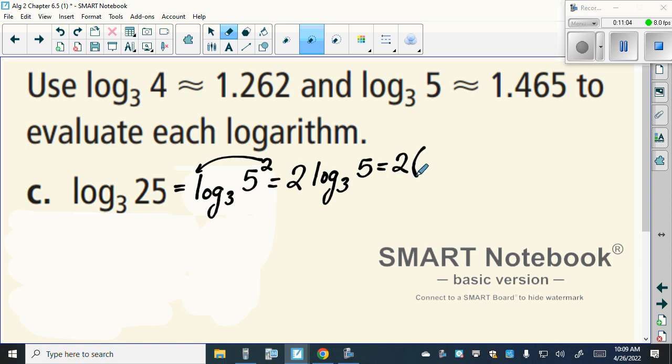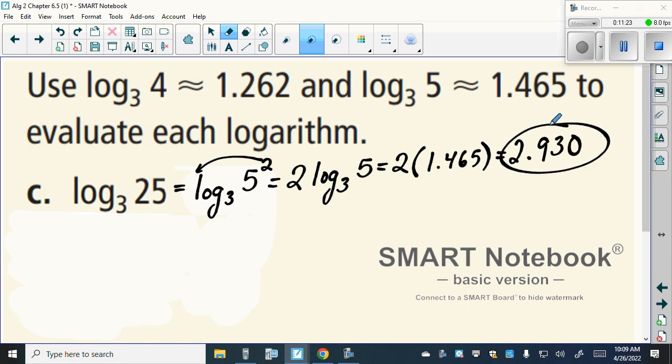Well, log base 3 of 5 is 1.465. And if we multiply this together, we should get 2.930. Yeah. And that's it.